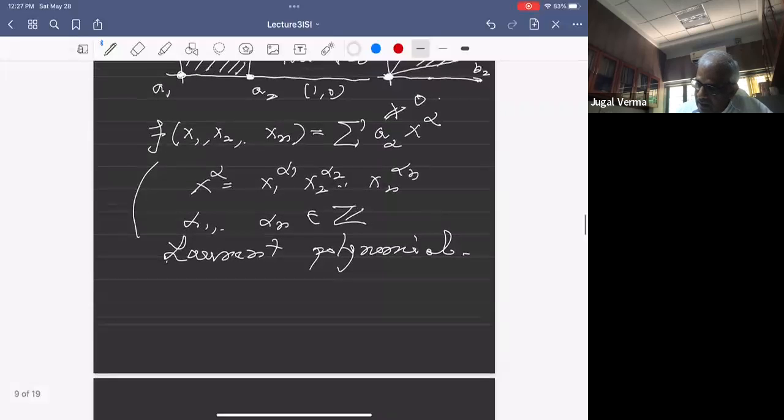Then each monomial will give rise to a lattice point (alpha1, alpha2, ..., alpha n). So take those lattice points and plot them in n-dimensional Euclidean space.